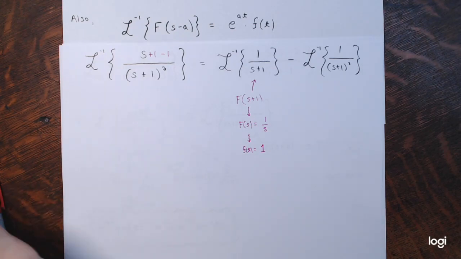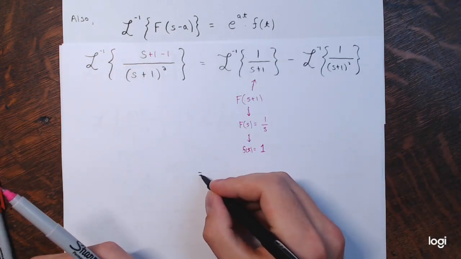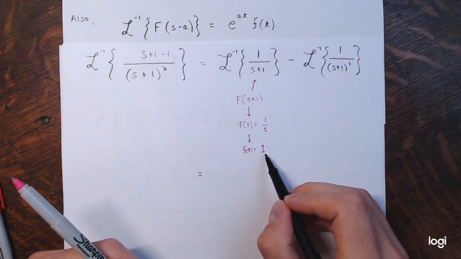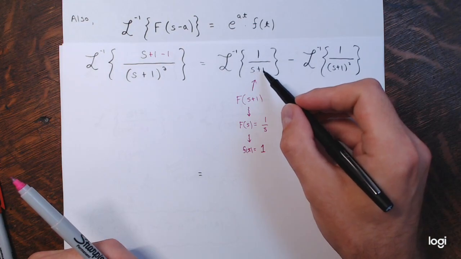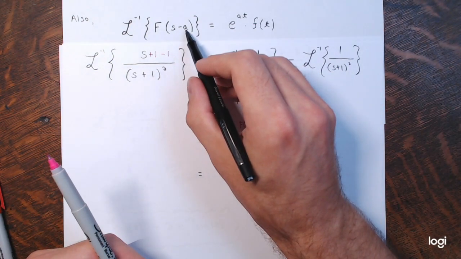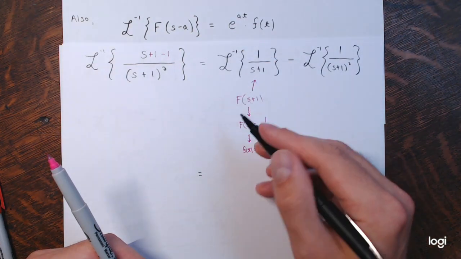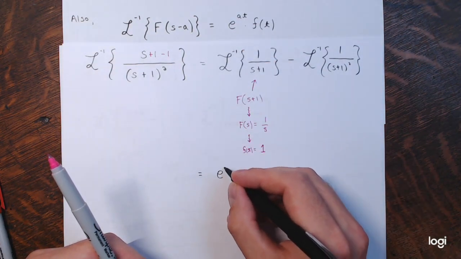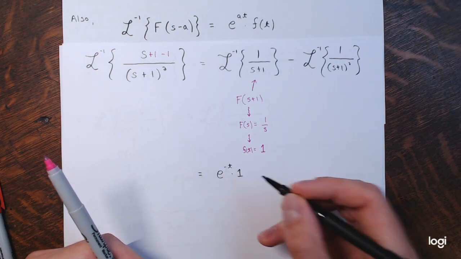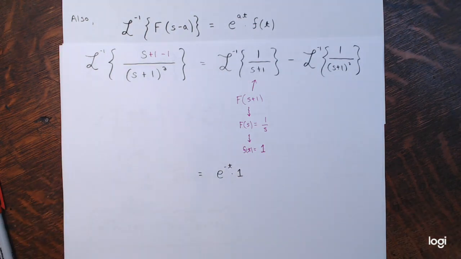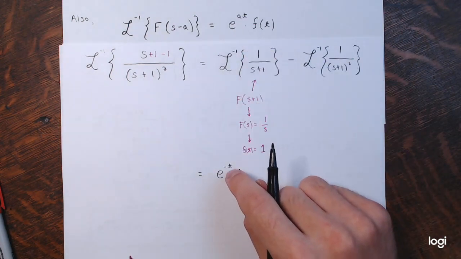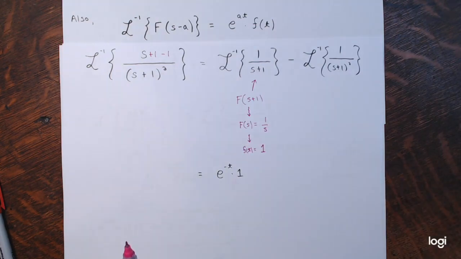All right, so this first inverse is 1 times e to the negative 1t. If I replaced s with s plus 1, that means a is negative 1. So we have e to the negative 1t times 1. I'll write times 1 for now and simplify it in a second. So that's the first inverse using our theorem here.